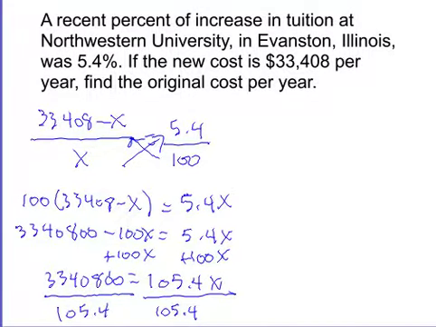So that's 3,340,800 divided by 105.4. So $31,696.40. So it went up from 31,700 up to 33,400.